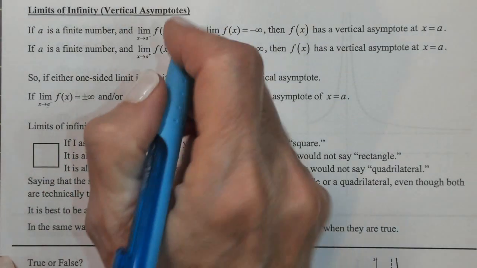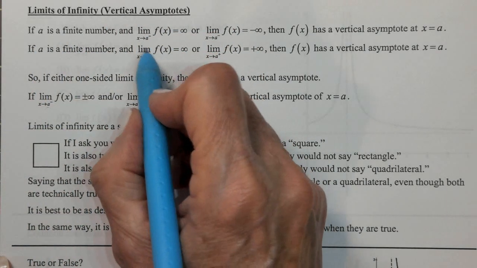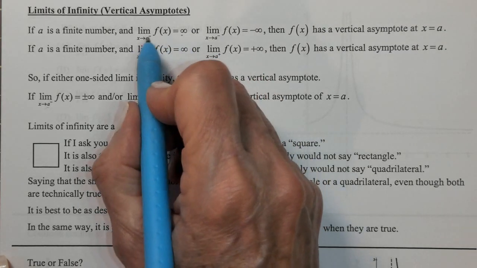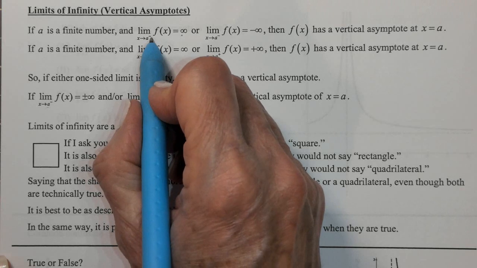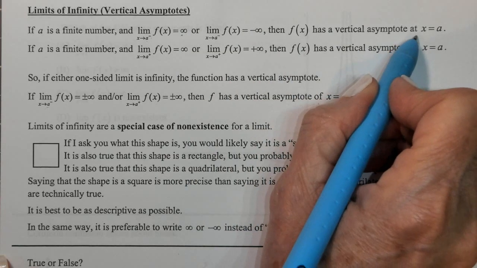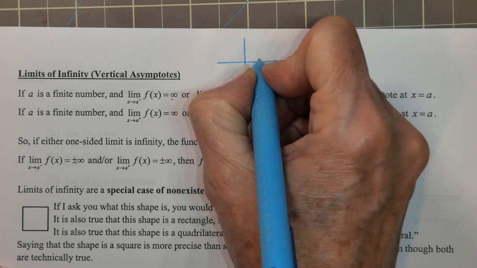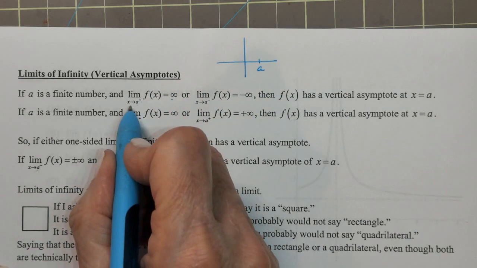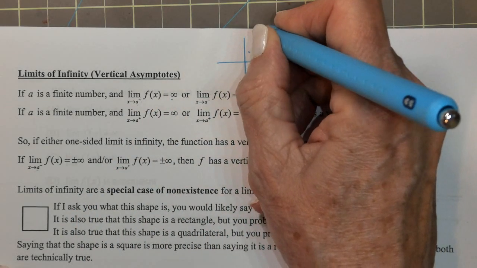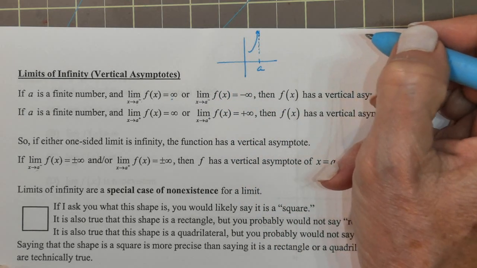Limits of infinity. So what happens if a is a finite number and the limit as x approaches a of f is infinity? A from the left is positive or negative infinity. That means we have a vertical asymptote. Think about what that would look like, you guys. If this is a, and as x approaches a from the left, it's infinity. That happens at a vertical asymptote. Okay?